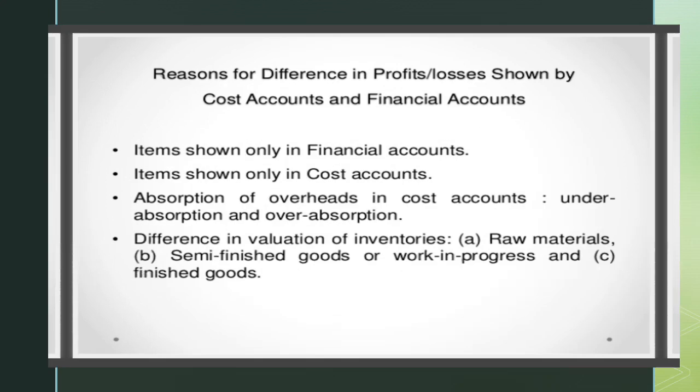The various reasons which create the difference between cost and financial profit or loss shown by the two sets of books may be listed under the following heads: items shown only in financial accounts, items shown only in cost accounts, absorption of overheads, method of stock valuation, abnormal loss and gains.